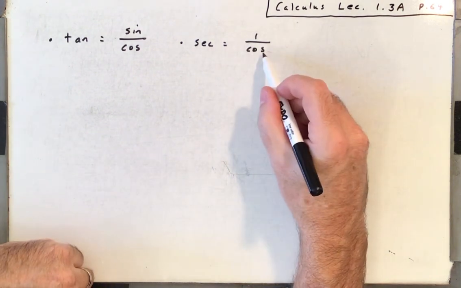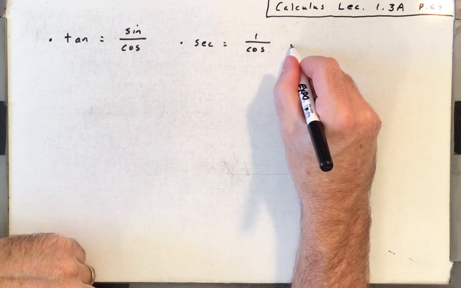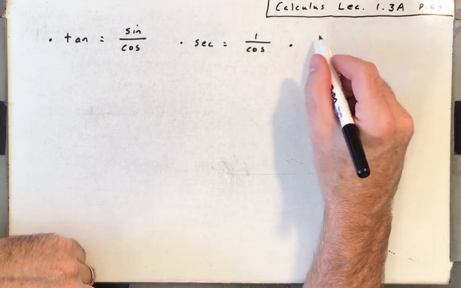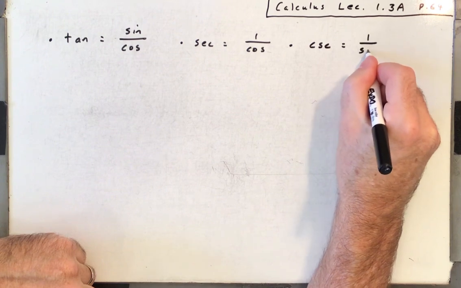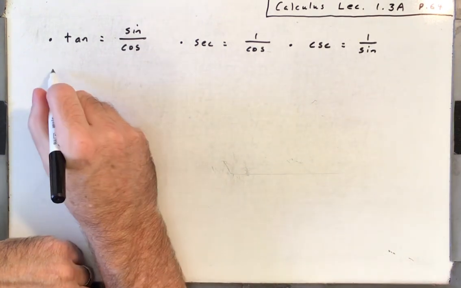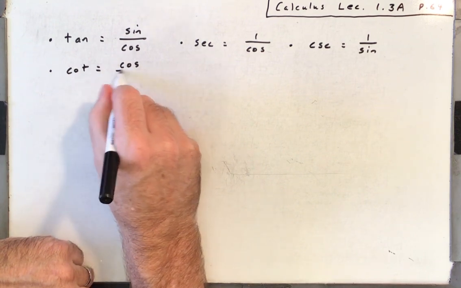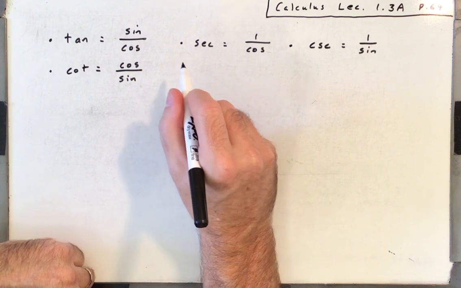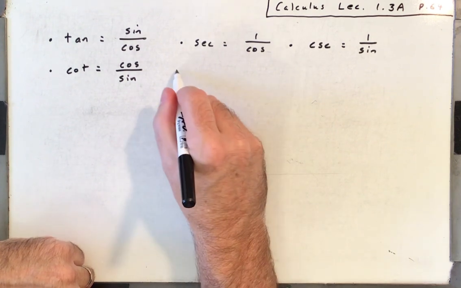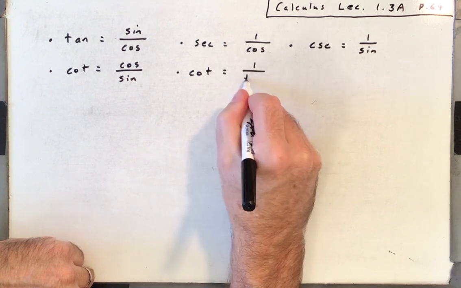So if you know cosine and you want to get secant, you just flip it. Cosecant is 1 over sine. Cotangent would be cosine over sine, and cotangent is also 1 over tangent.